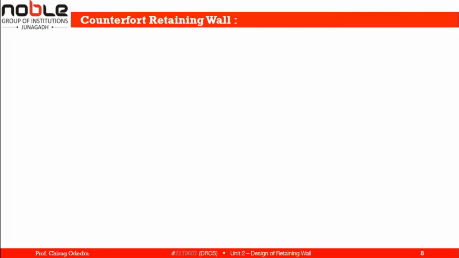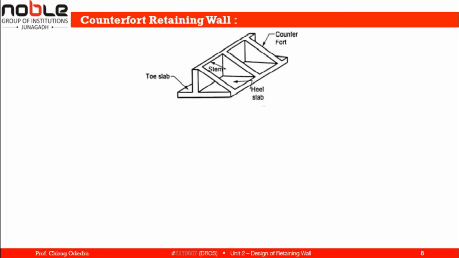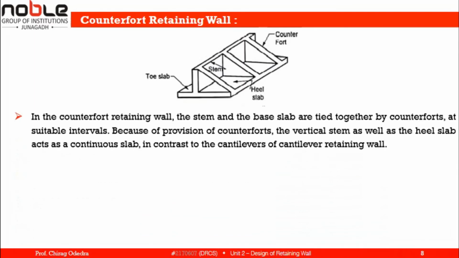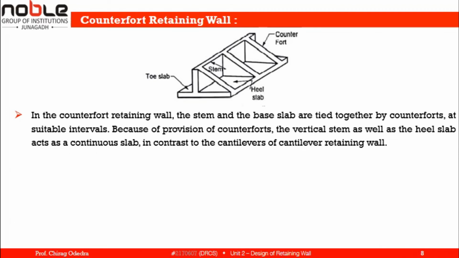So the next type is the counterfort retaining wall. This is the figure of a counterfort retaining wall. In the counterfort retaining wall, the stem and the base slab are tied together by counterforts at suitable intervals. Because of the provision of counterforts, the vertical stem as well as the heel slab act as a continuous slab, in contrast to the cantilevers of a cantilever retaining wall.